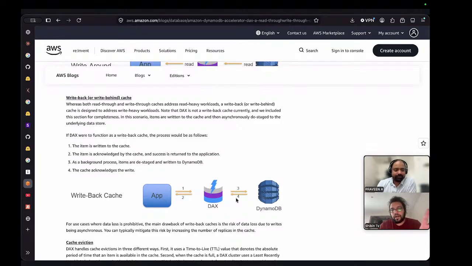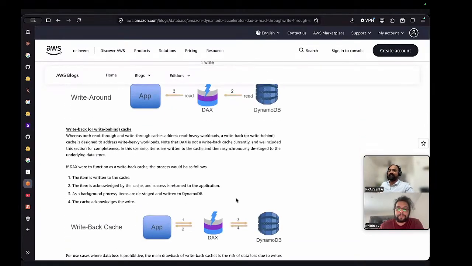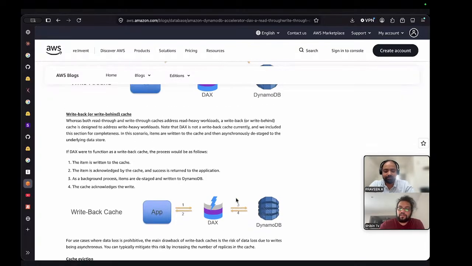As you rightly mentioned, with the star count or likes count, the exact number doesn't matter. If you drop a couple of counts out of millions it doesn't matter, but you can't drop $2. That is where you want write through, which is more sensitive. And the difference here is that write back cache is less.